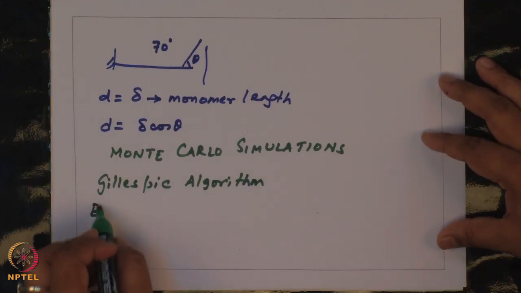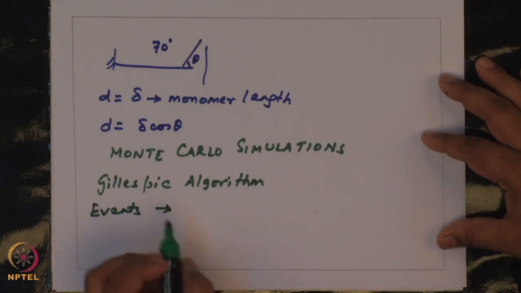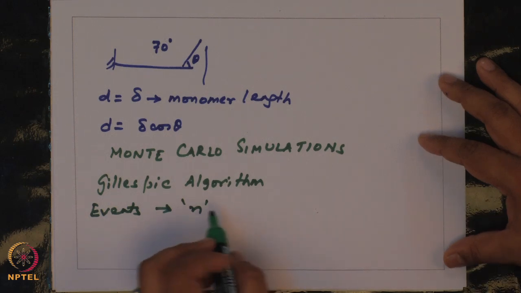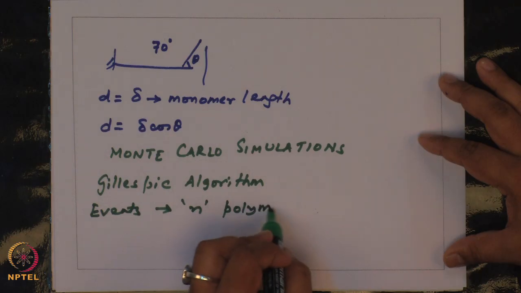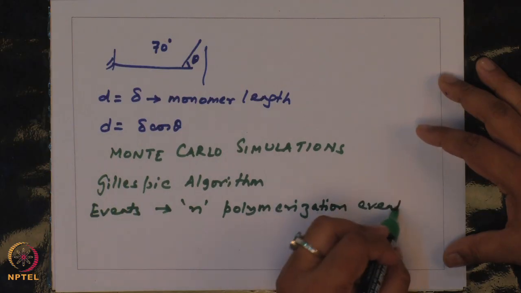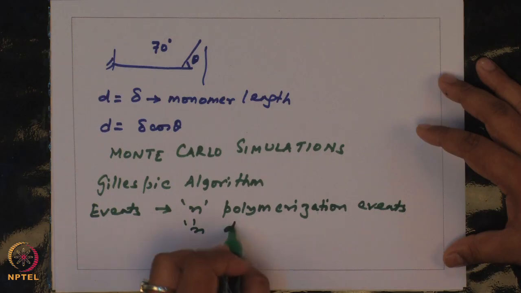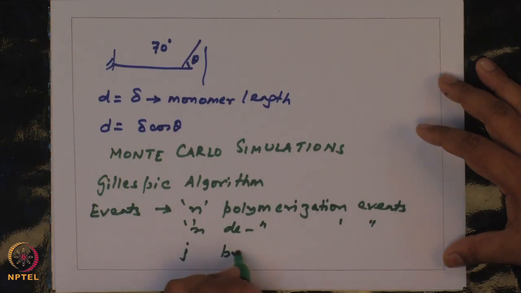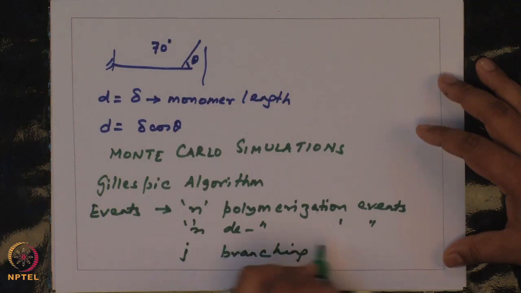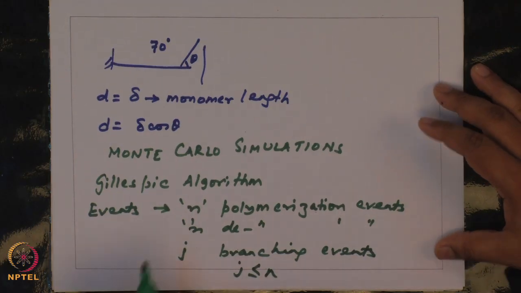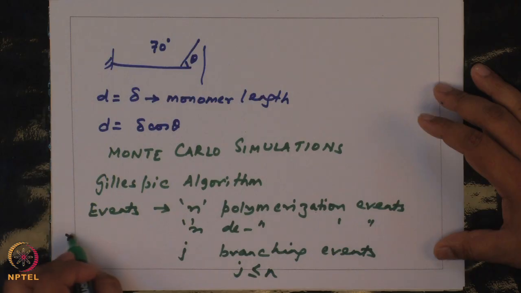Let us say what the events are: n polymerization events, n depolymerization events, and j branching events, where j is less than or equal to n, and n is the number of filaments.